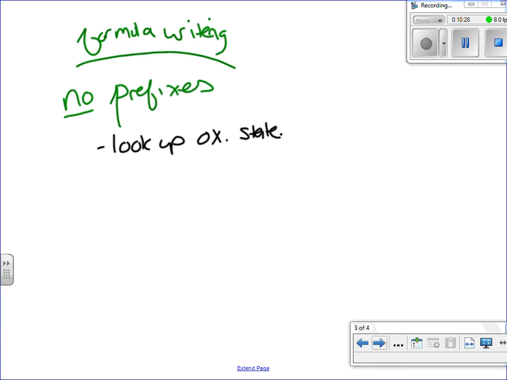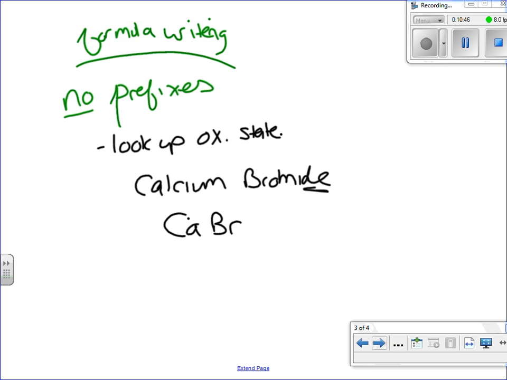So if I'm starting with something like, let's say, calcium bromide. We know it's bonded because it says "ide." We know it's a formula. So I need to write calcium and bromine, and I need to look up the oxidation states. If you have your reference table, do this, okay? Calcium, if you look it up, is +2.